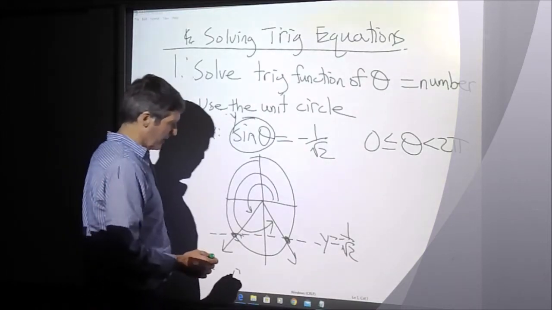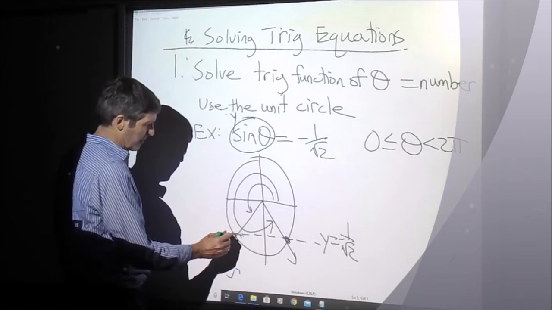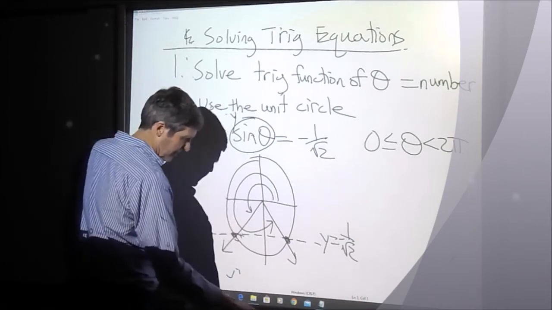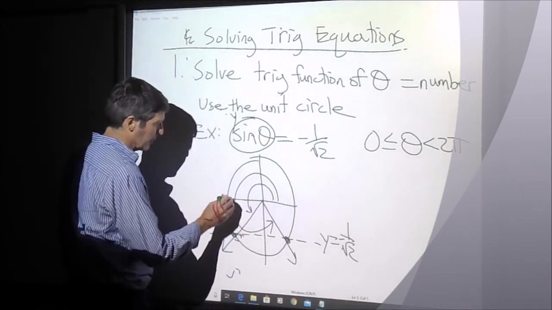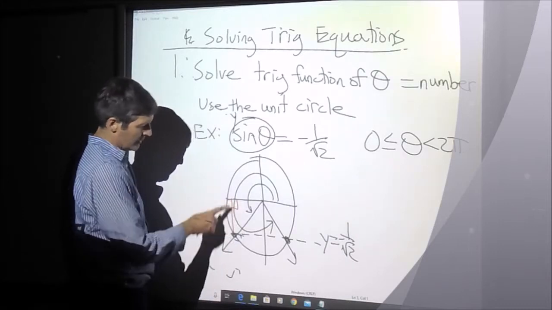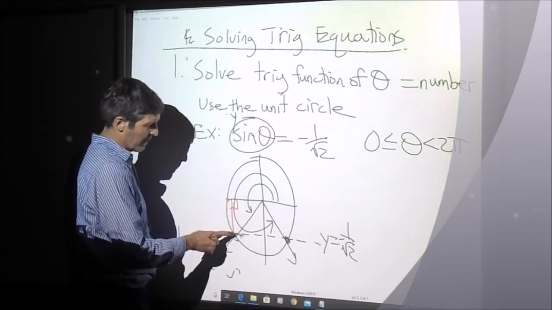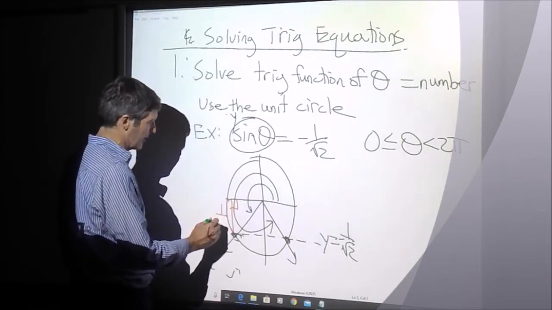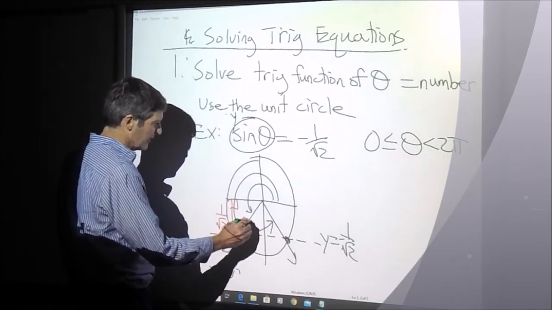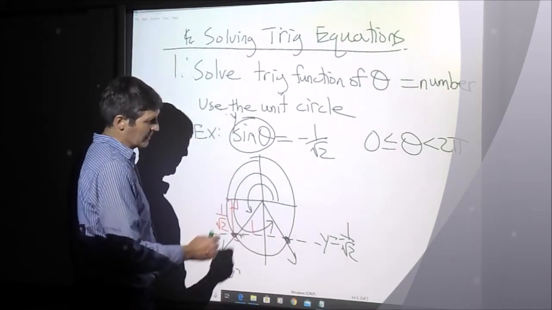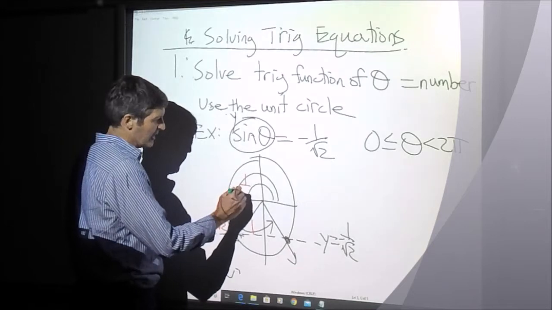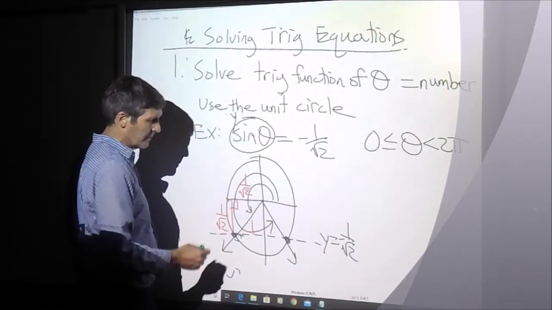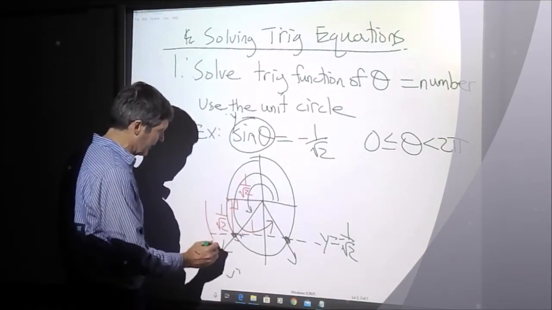And now, how do we solve those? Well, you drop a perpendicular to the x-axis. If I drop this perpendicular here, I notice because I went from 0 to minus 1 over square root 2, the length of this side is plus 1 over square root 2. This side is always 1 because it's the unit circle. That forces this last side also to be 1 over square root 2. It's a 45, 45, 90 triangle.